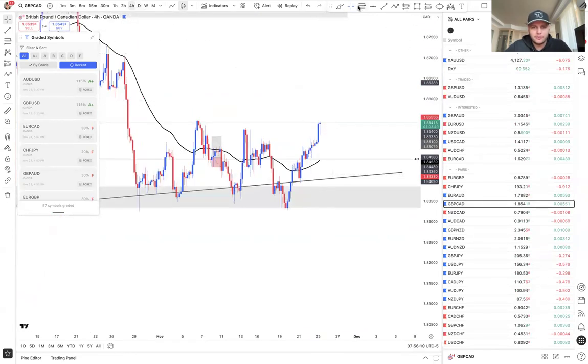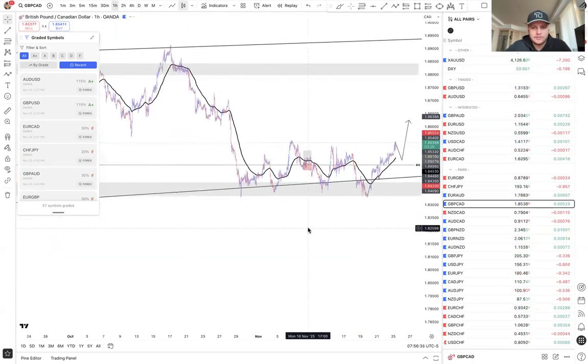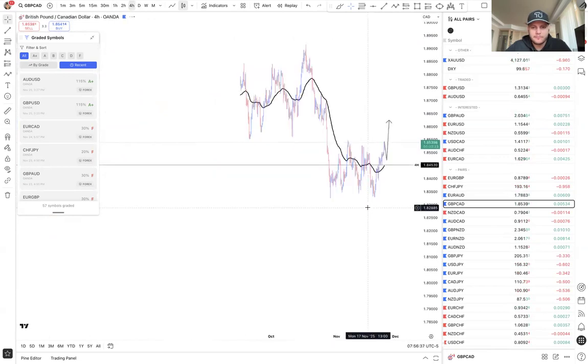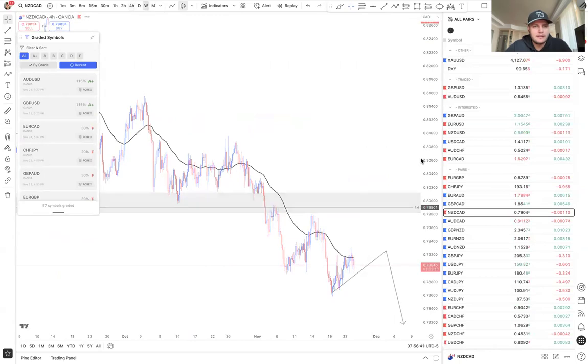I think we're actually just going to pull back into the previous structures and into the EMA here on the 4-hour time frame. So this could be a potential opportunity here. To be safe, once again, I would wait for price to break above the daily EMA. But yeah, I'm not too interested in this one at the moment. Just going to stay away for now.